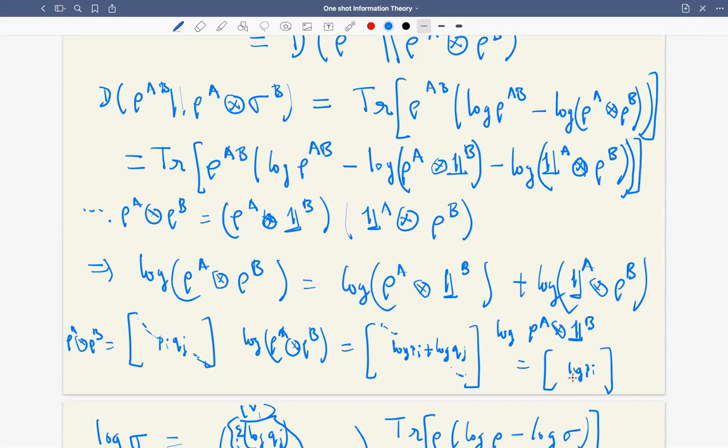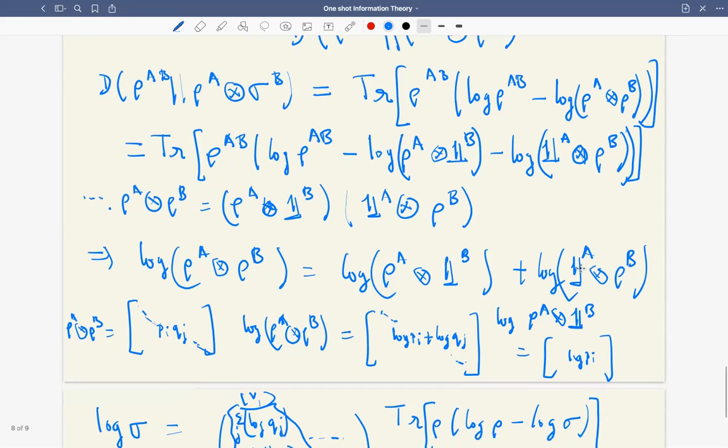The eigenbasis I take for the identity on B is nothing but the eigenbasis of rho B, and similarly, when I take the eigenbasis of the identity on A, it is nothing but the eigenbasis of rho A. So it's the same entry. The corresponding eigenvalue was just p_i here, since p_i comes from rho A and 1 comes from the identity on B. So it's just log of p_i.